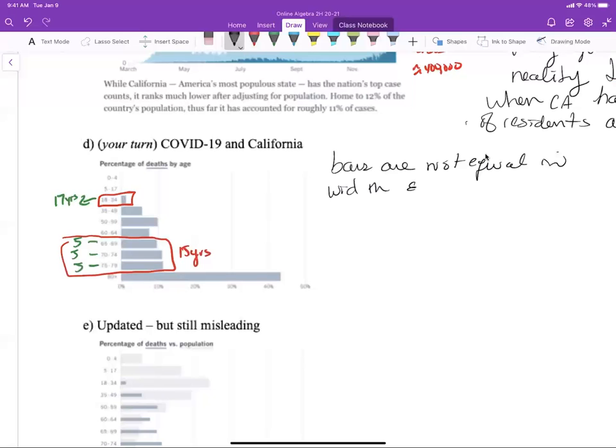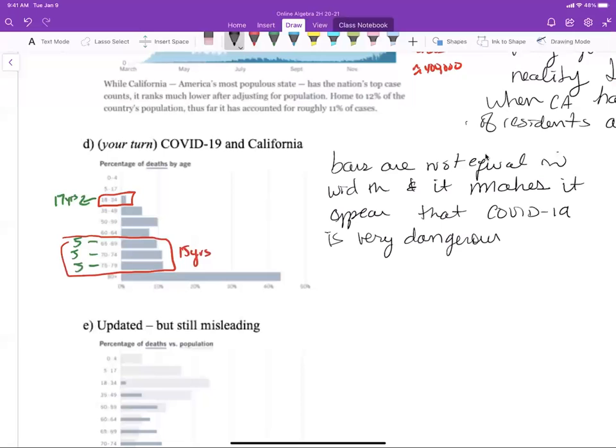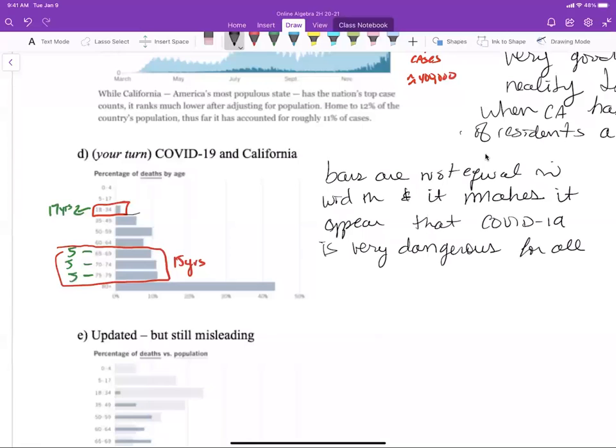And it makes it appear the COVID-19 is very dangerous for all people. You could maybe even start as low as 35. All people aged 35 and up. Okay.